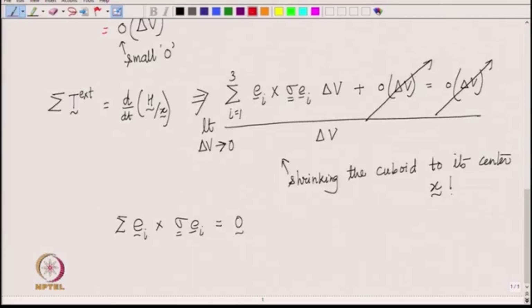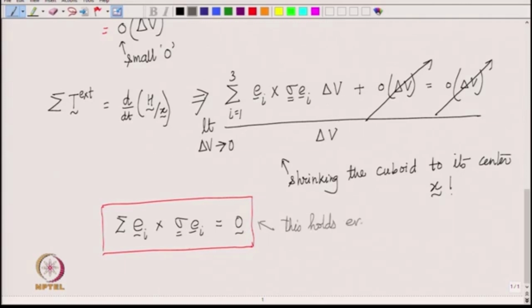So, that is the final equation of angular momentum balance, and as I told you, this equation holds even if body force is acting or the body is accelerating.